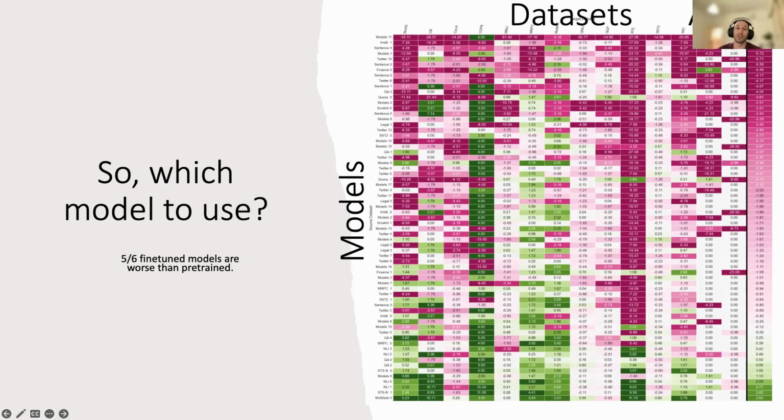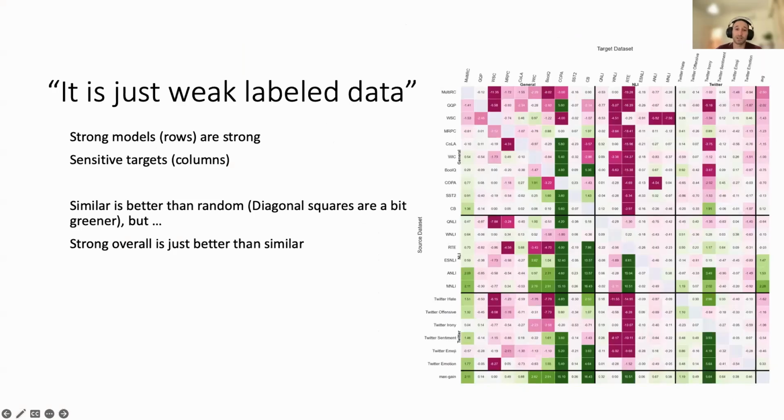But we don't really know which models are going to be those good models. One hypothesis that people might think is that those models are good because they kind of have weak label data. What does that mean?